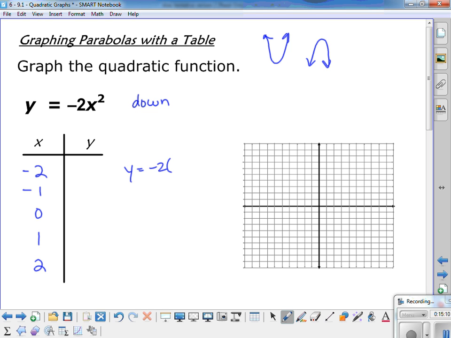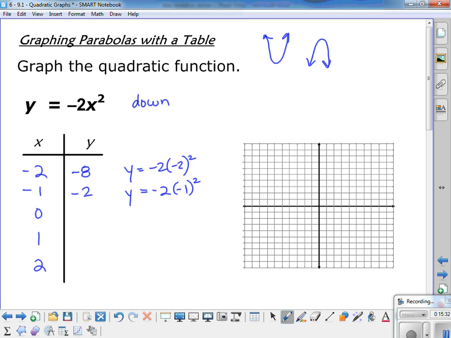So if I put a -2 in, what's -2 times -2? +4, but then I multiply it by the -2 out in front and it becomes -8. On the next one, I'm going to put in a -1 and square it. So -1 times -1 is +1 times -2.